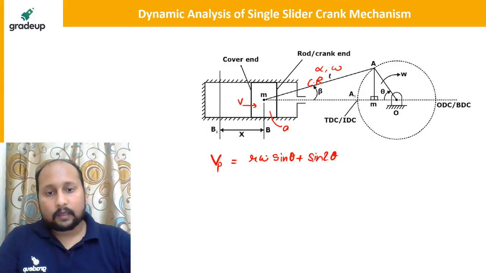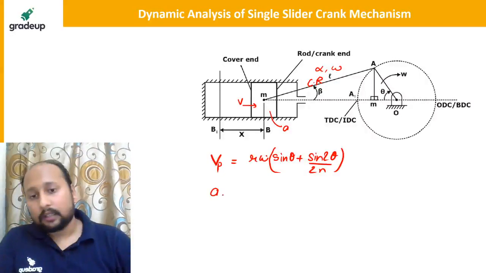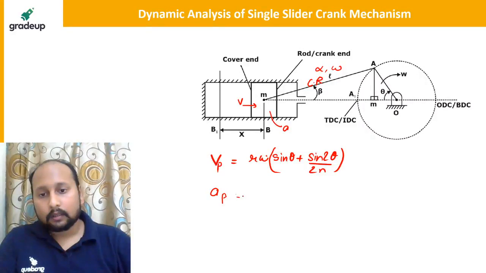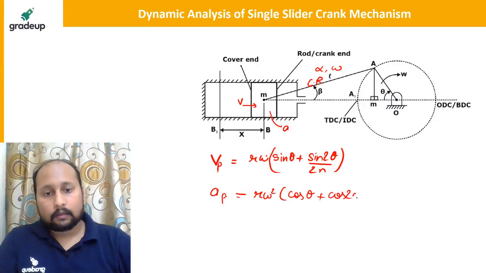This we have derived, and if I talk about the acceleration of the piston, it is equal to r omega square into (cos theta plus cos 2 theta by n). This we have derived in the previous session.